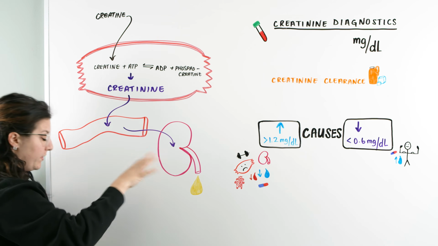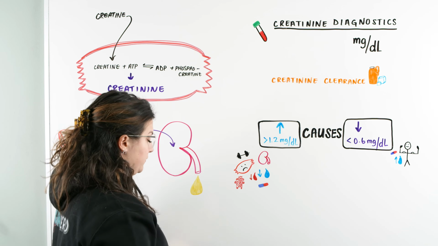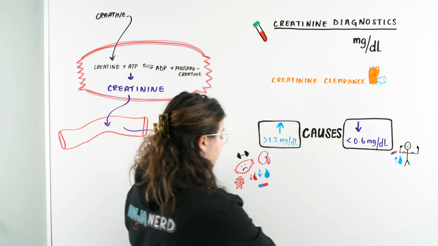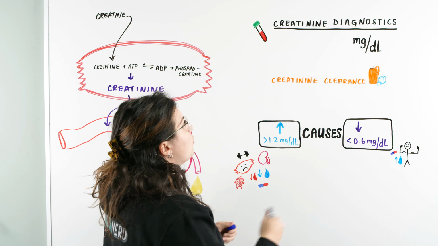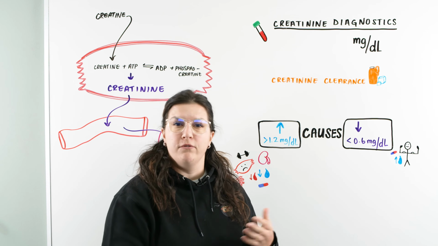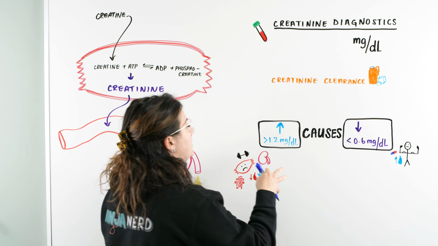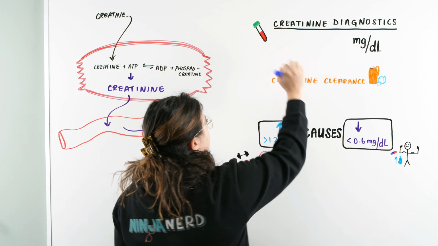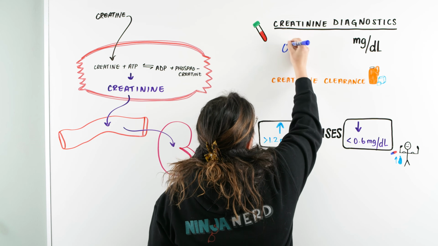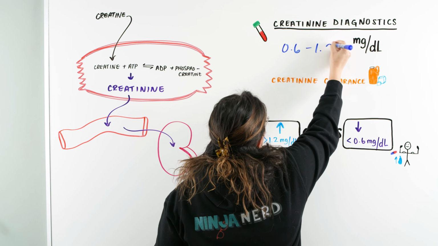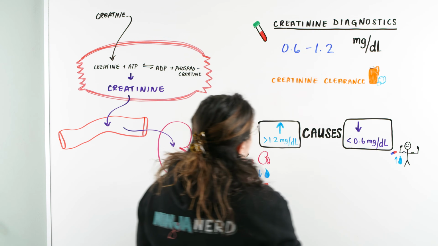So with that being said, what is the normal range for us to have within our body? I like this blue color. What is a normal diagnostic number that we're looking for with creatinine? We're testing a patient's blood, getting a lab result, and we're looking for anything from 0.6 to 1.2 milligrams per deciliter.